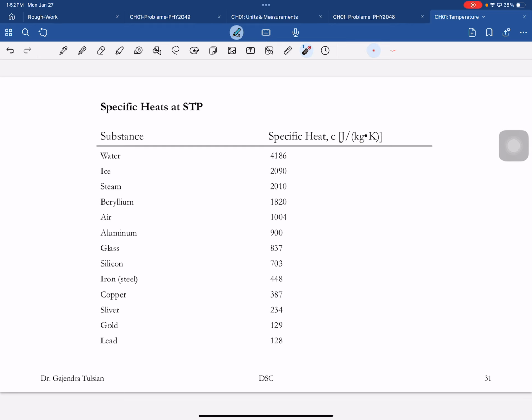A kg of water is about half of this flask. Dirt essentially is silicon dioxide. Earth has a specific heat of 700 joules per kg per degree Kelvin. Look at that. The specific heat of water is 6 times greater.